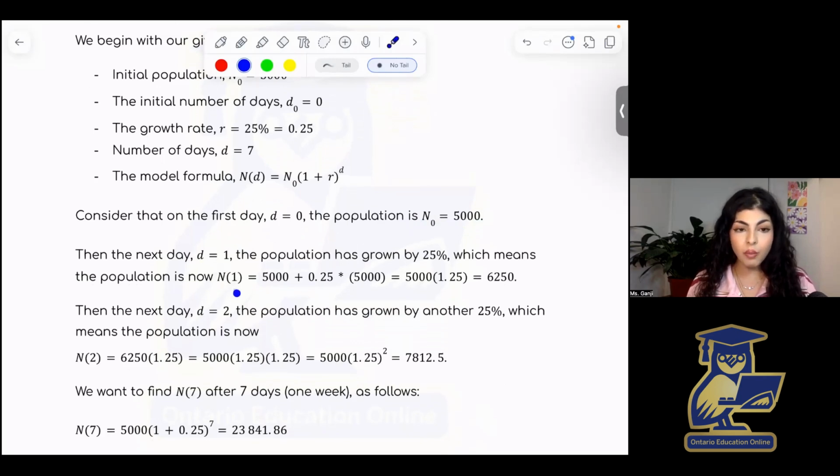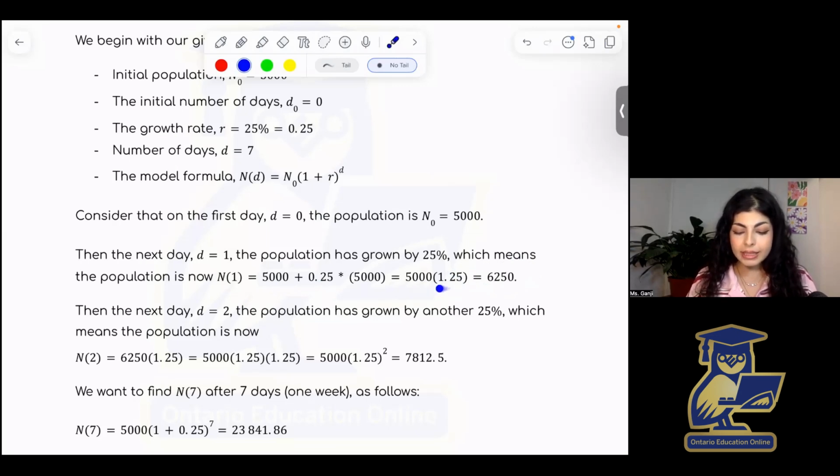So N of 1, so after 1 day, we have the original 5,000 population, but now we also have 25% of that population added. And really, if I factor out 5,000 from here, then this term gives me 1, and this term gives me 0.25. And this is 5,000 times 1.25, and so that means after 1 day, we have 6,250 cells.